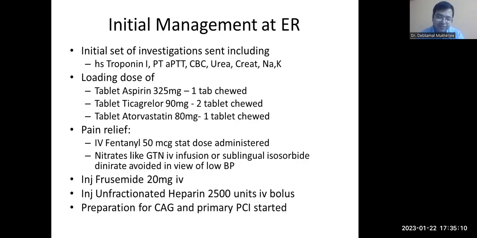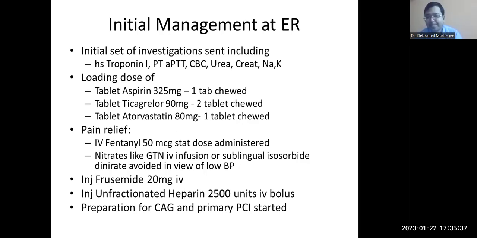When head-to-head trials were done with morphine and without morphine, approximately 9% of the patients who received morphine had an adverse outcome. There are certain problems with morphine like sedation and hypotension itself, so right at this point of time, giving morphine to all patients of AMI is not at all recommended.